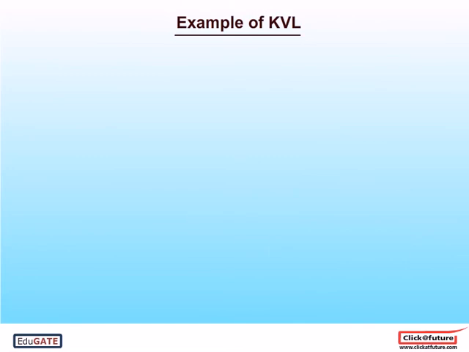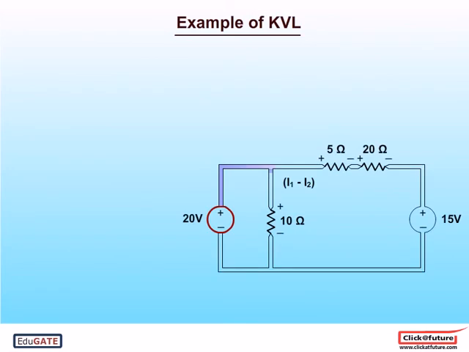Now let's take the example of Kirchhoff's voltage law. As shown in the diagram, we can apply KVL to ABEF and BCDE. So the current flowing in loop ABEF is I1 and in loop BCDE is I2. So we can say that the current flowing through the junction point BE is I1 minus I2.